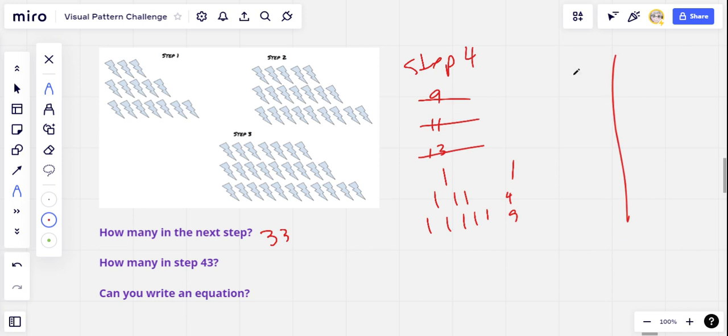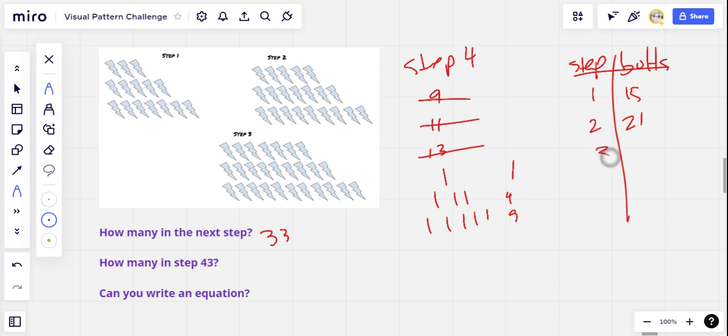Let's go ahead and analyze these numbers, and we'll know for sure if this is linear or quadratic by analyzing the differences. So we'll look at the step number and then the number of bolts. So this is 15 in step 1. And in step 2, I think that's 21. Yep.